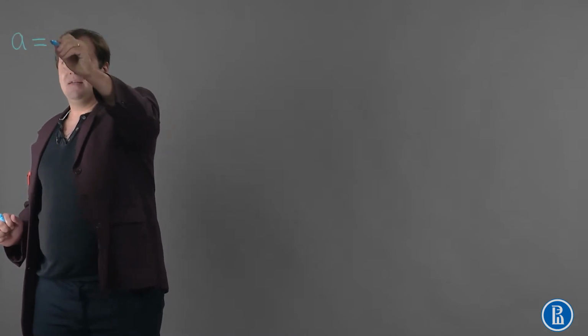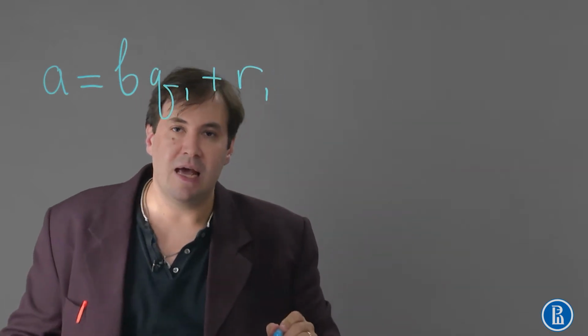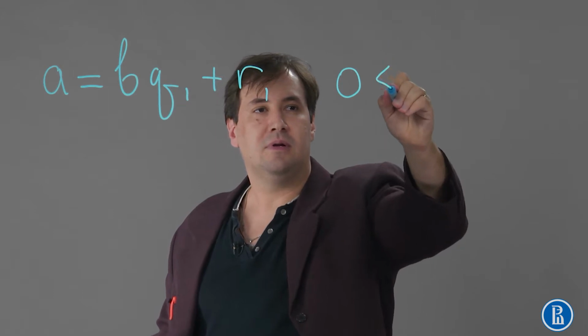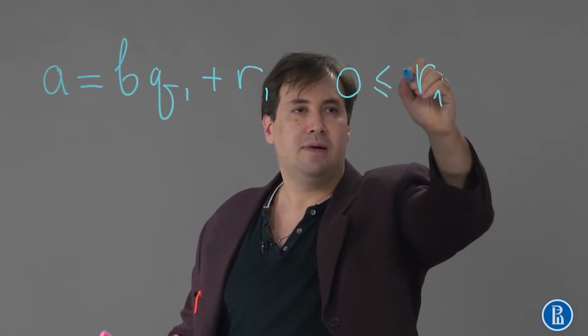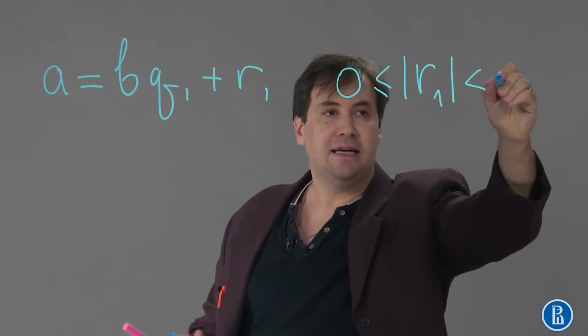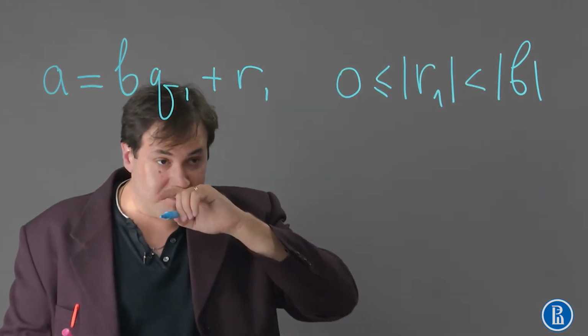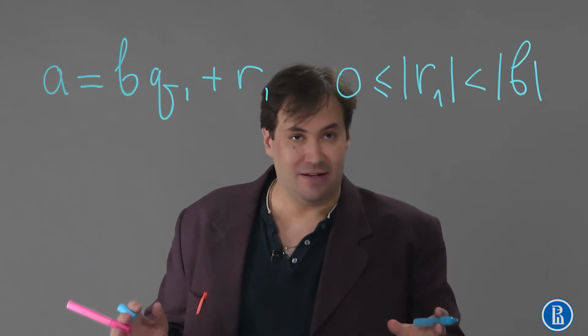As any algorithm, it consists of steps. So the first step is dividing A by B with remainder. And we know that the remainder should be non-negative, by norm, and less than the norm of B. The second step is also a division with remainder.